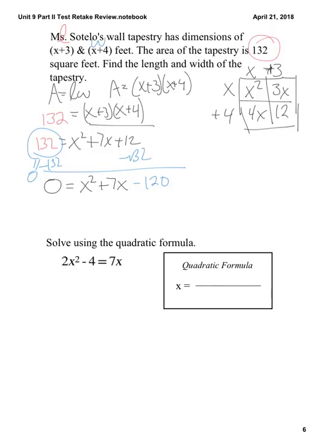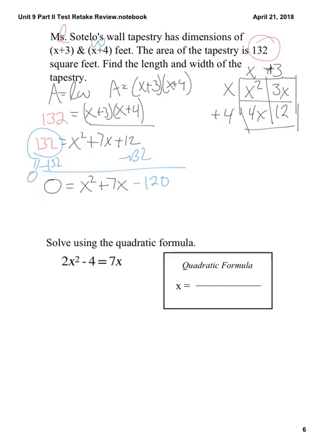Now, some of you might know that 15 times 8 would give you 120, and the difference between 15 and 8 is 7. And since it's a negative product and a positive sum, your factors would be positive 15 and negative 8.